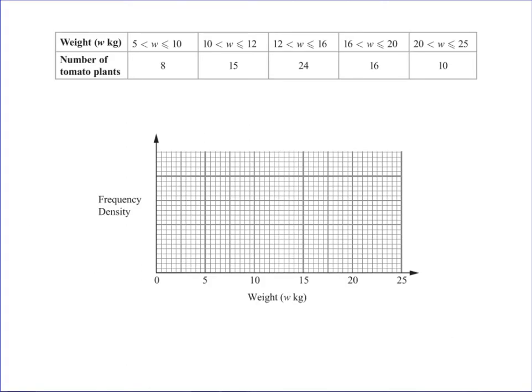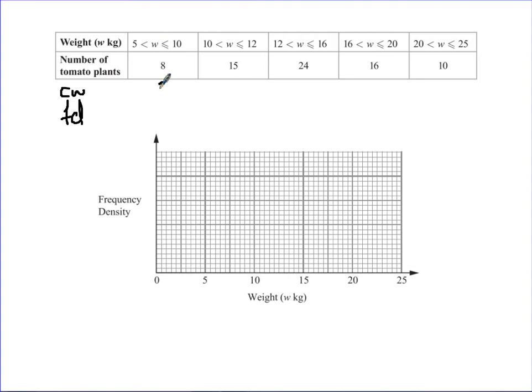Question 11. The table shows some information about the weight of tomatoes produced on each tomato plant. On the grid, draw the histogram. So step 1 is we need to look at class widths, and then we've got frequency density. They don't give much room in that part of the question, so you're going to have to squeeze this in.